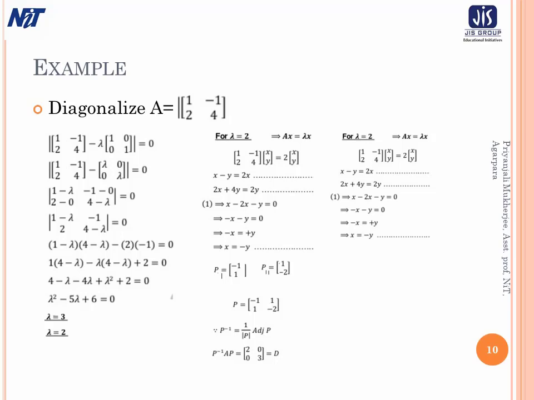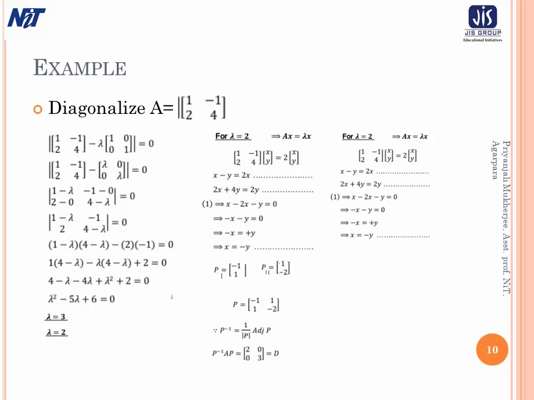So the first eigenvector will be minus 1 and 1. Similarly, we will find the eigenvector for the second eigenvalue, which is equal to 3. If we find it, it gives the result P2 equal to 1, minus 2. So these two are the eigenvectors for the given system.